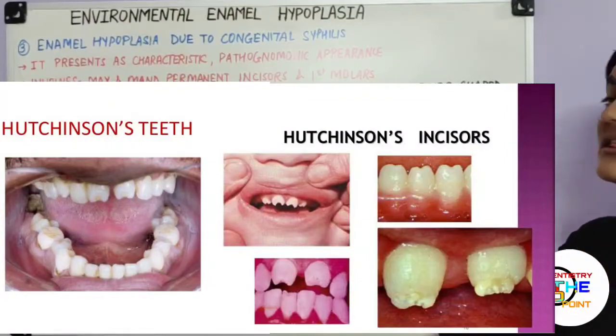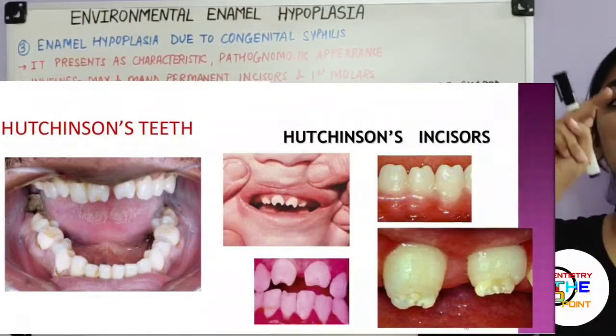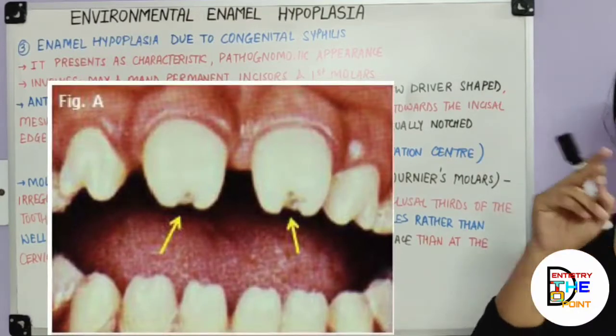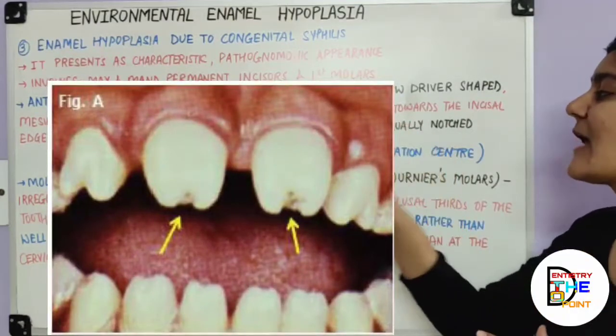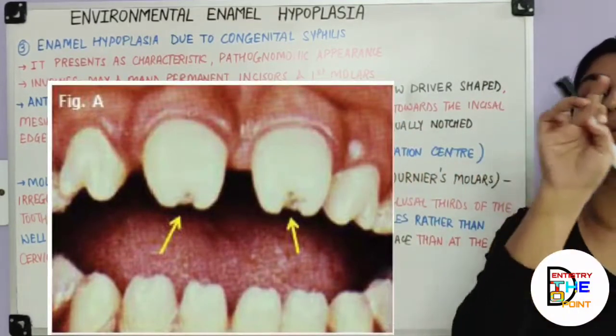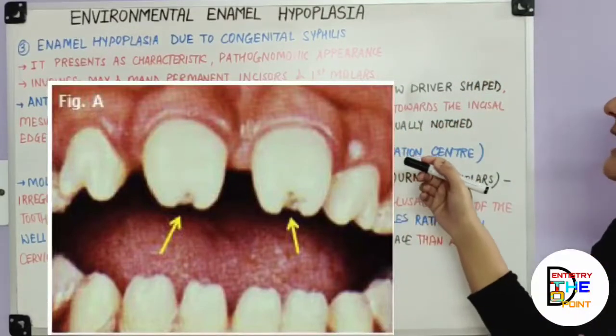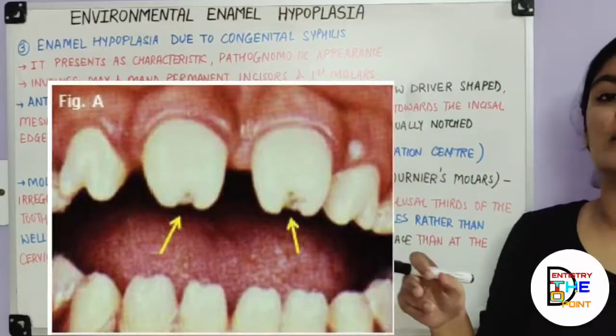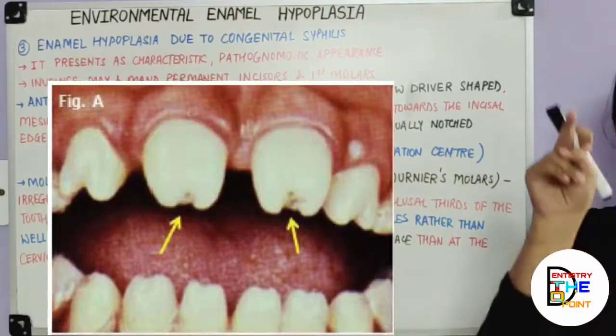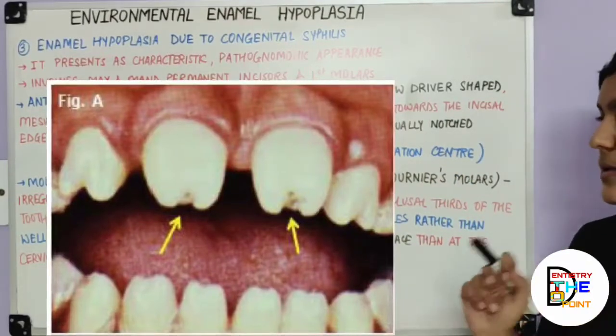The incisal edge is usually notched, because of the absence of a calcification center in the middle.